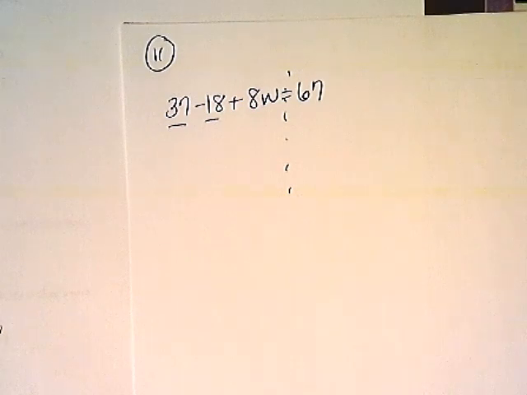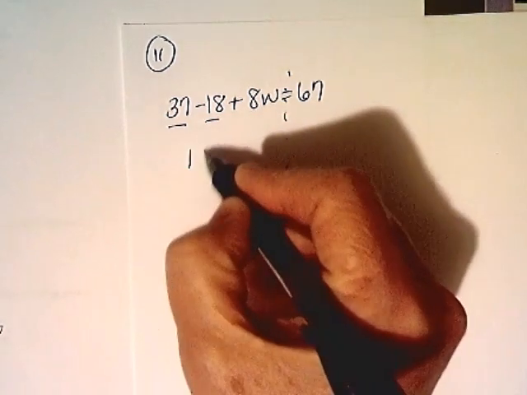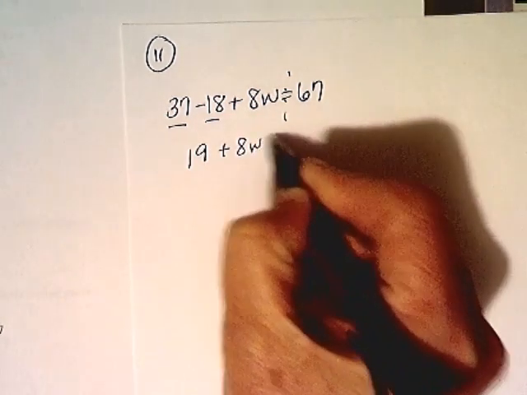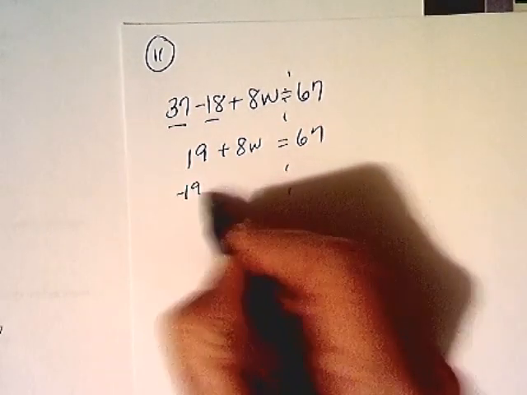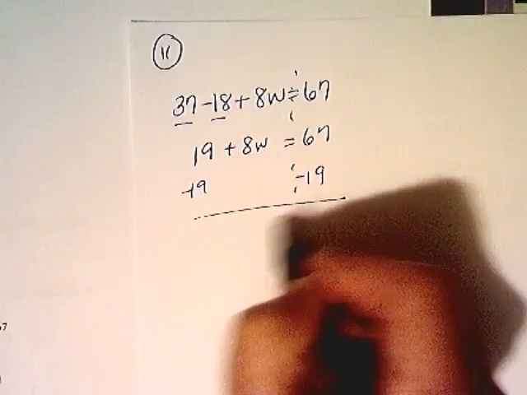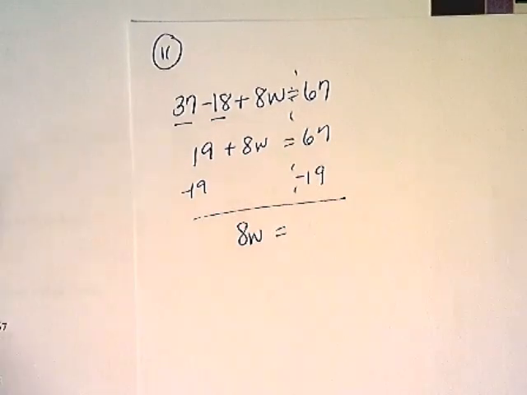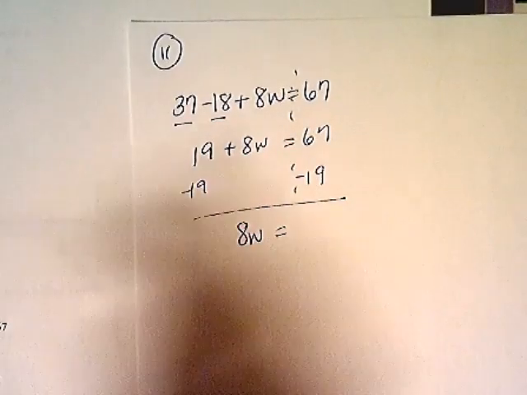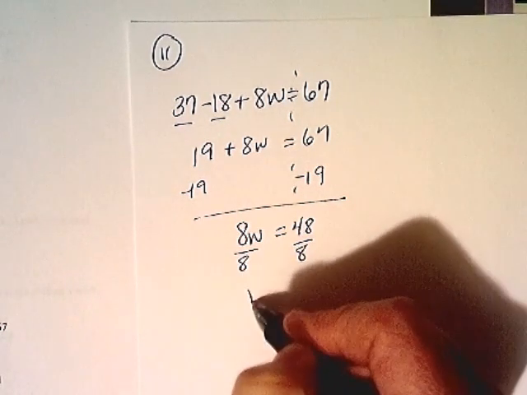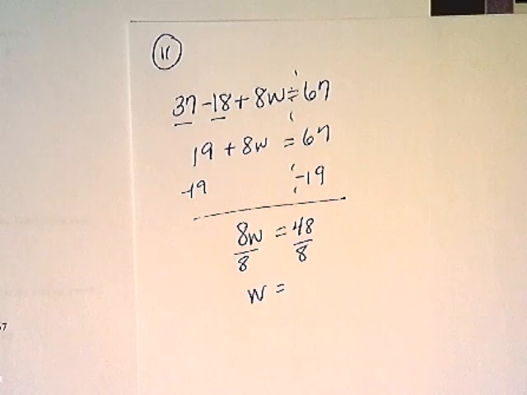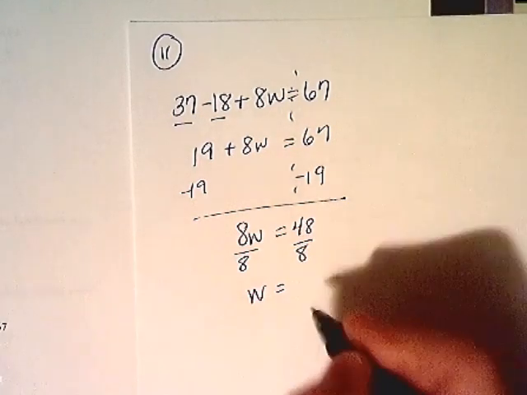And when we do that, we get 19 plus 8w is 67. To isolate the w, you start by subtracting 19. 8w equals 48. Divide by 8. w is 6.